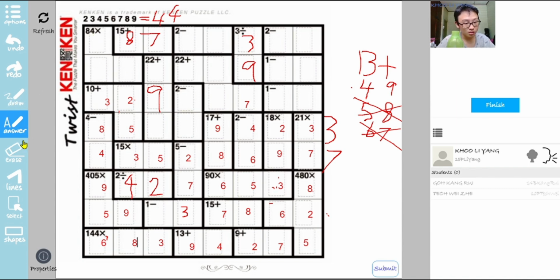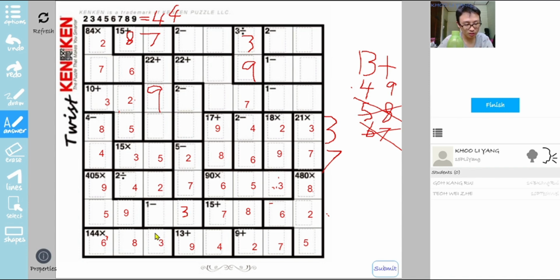So 6 is here. Since 7 is already in this row, 7 will be here, and 2 will be here. Since 2 is already in this column, this must be a 4 and this must be a 2.